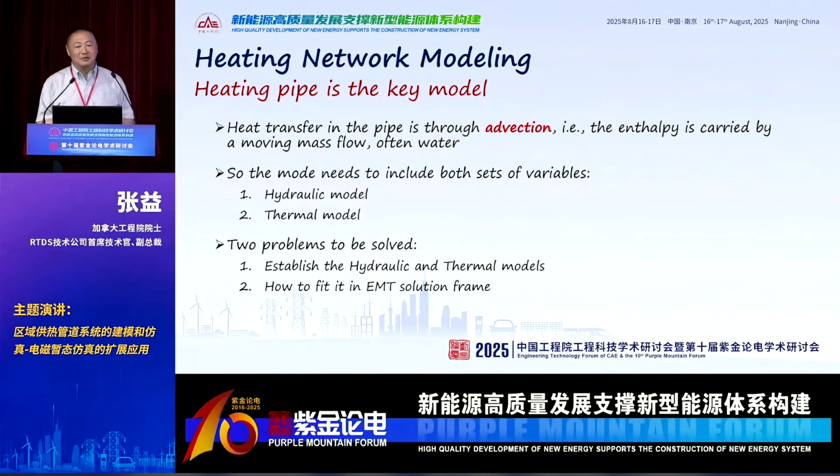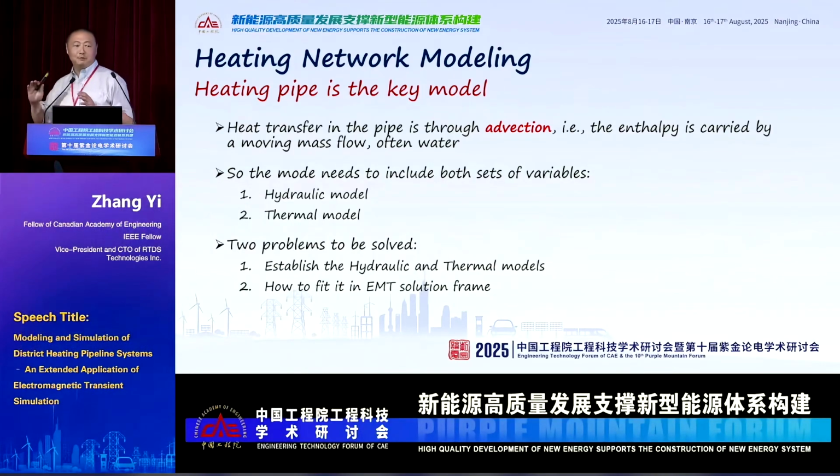This is a special word because the heat energy is not transferred like, for example, in a metal, where you apply heat on one side and the other side is gradually heated. In the pipe it is not like that. The energy is carried by the moving mass flow, mostly water.